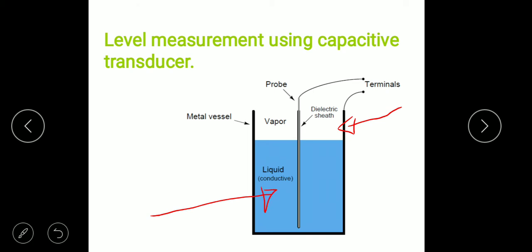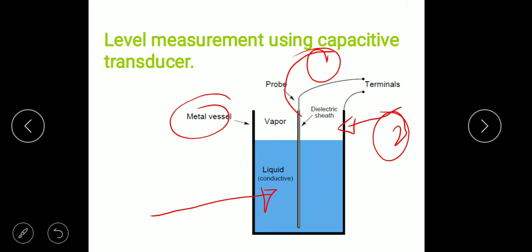The two plates we consider here: this will be one plate, and this is the metal vessel, so this part will also work as another probe, the second probe. So we need to consider two plates in this diagram.